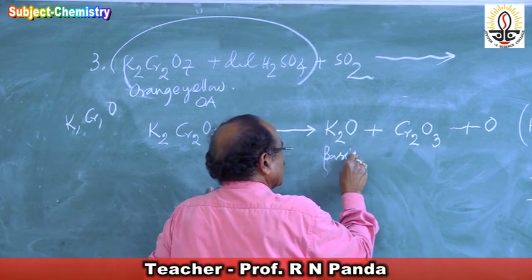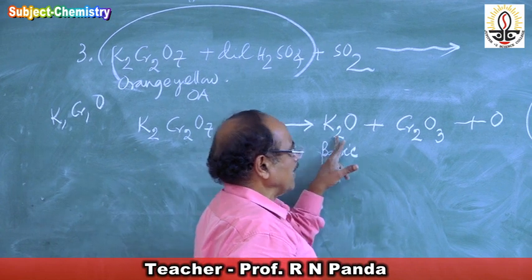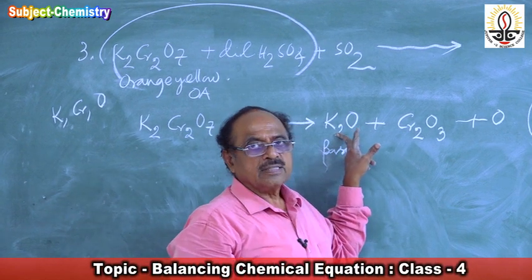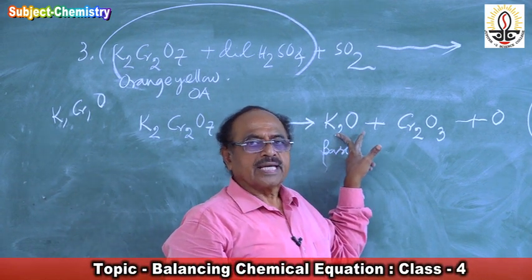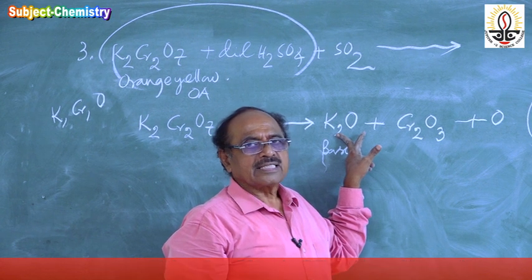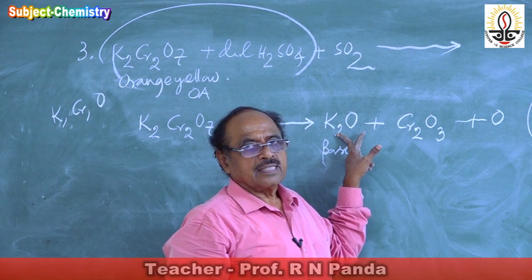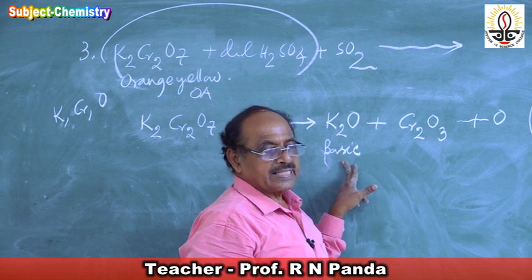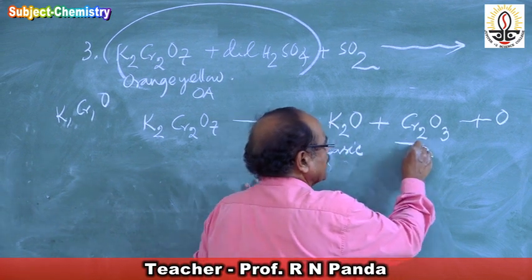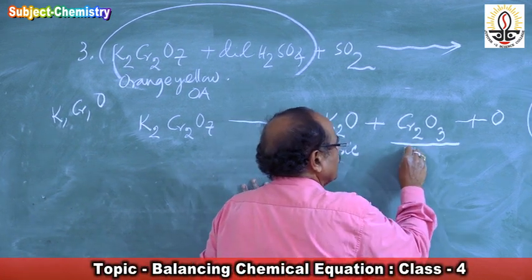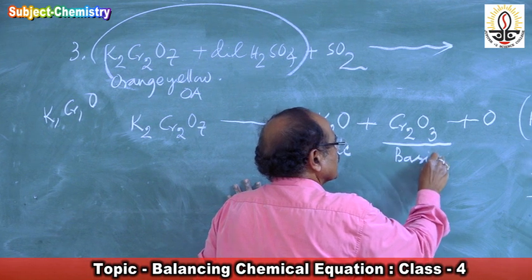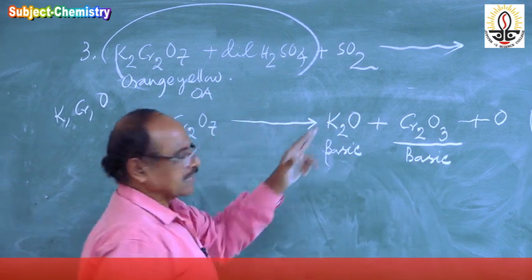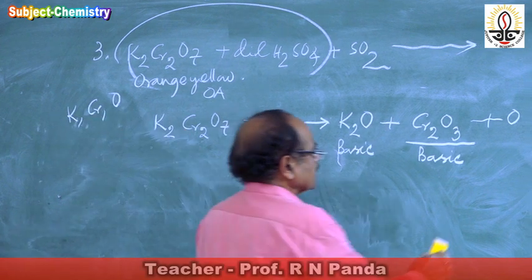I told you that all electropositive metals react with oxygen to produce their oxides, and their oxides are highly basic. So potassium oxide is a strong base. Chromic oxide is also basic. Now we will balance this.